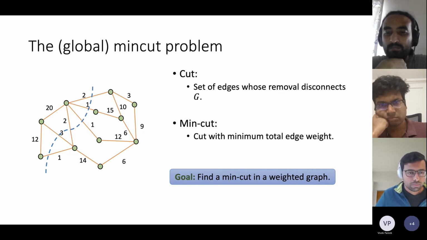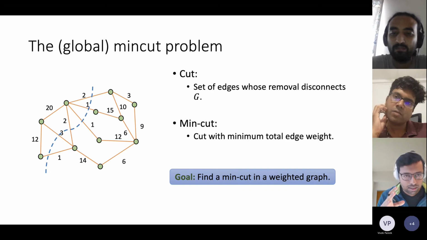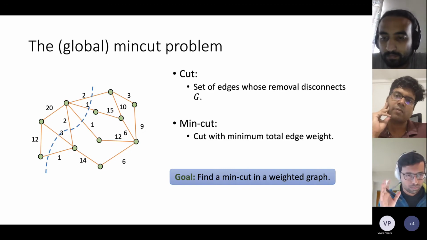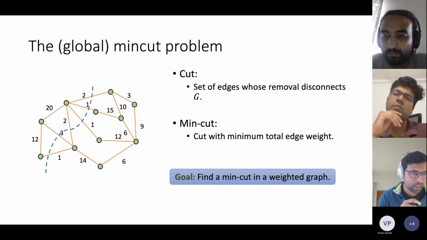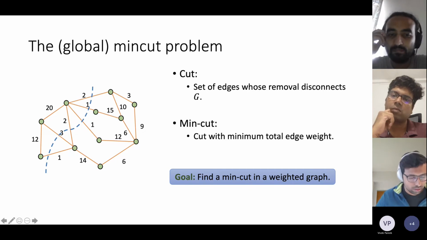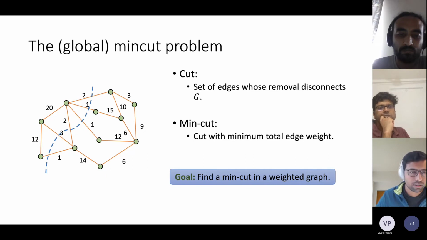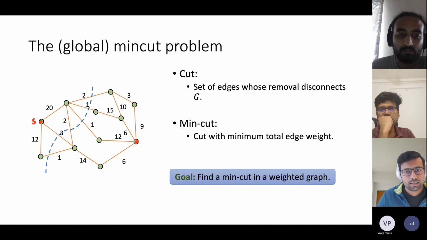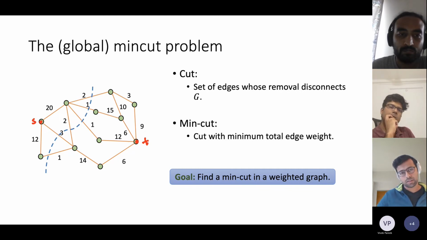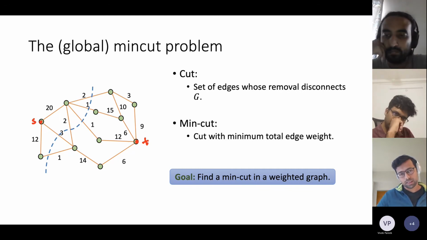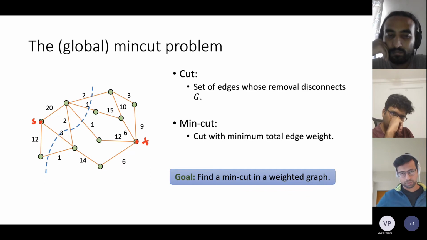Some variants of the problem are usually taught in the undergraduate course, usually the ST minimum cut. In that problem, you have two special vertices, let's call them S and T, and the goal is to come up with a minimum cut which separates these vertices into two different parts of the graph.